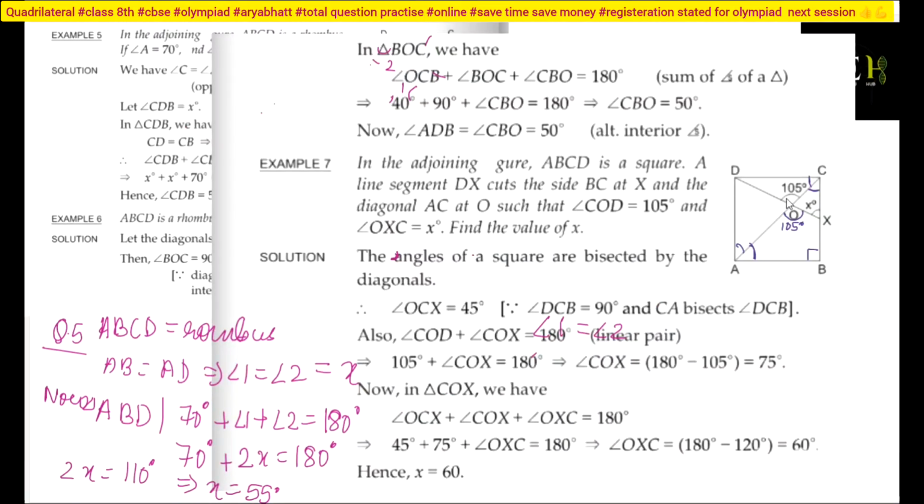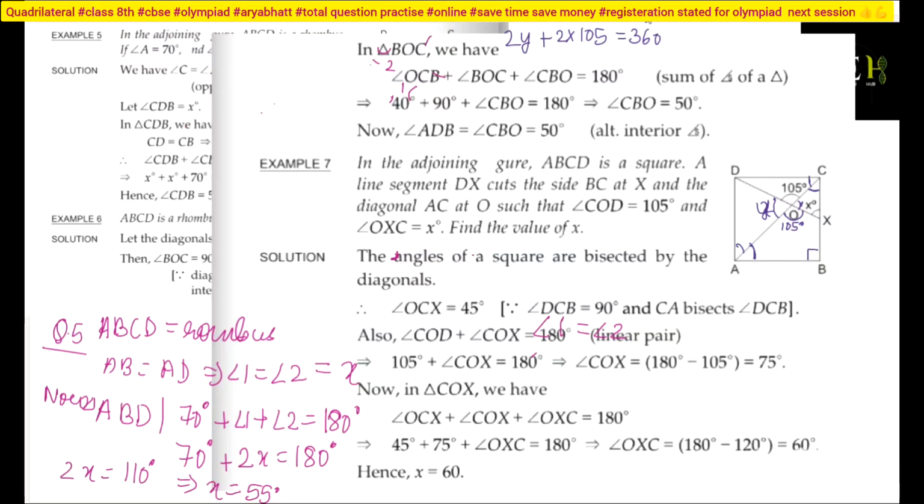In this figure, see, 105 and 105 are vertically opposite. Now I will say this one is y, and this one is also y, so 2y plus twice 105 is equal to 360 degrees, because they are formed at a point.